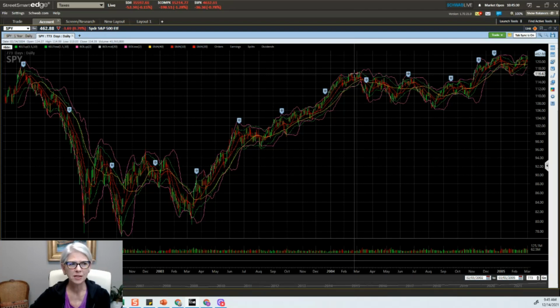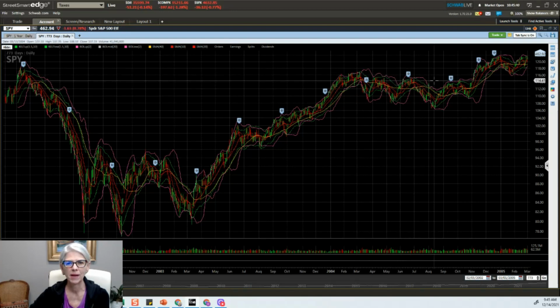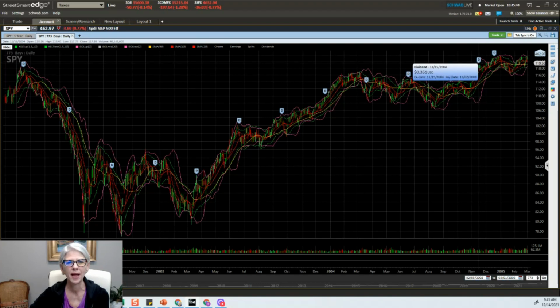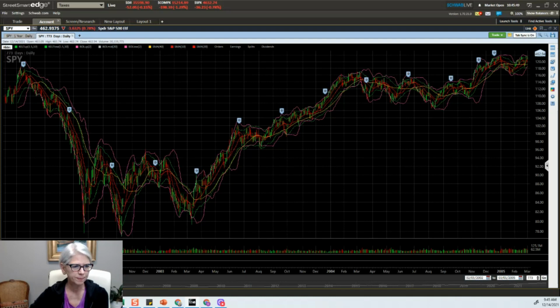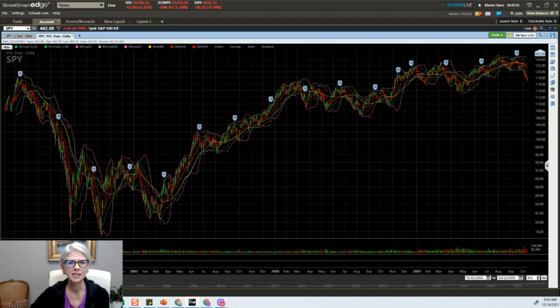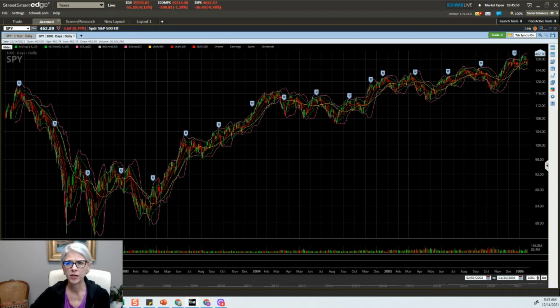And what happens a lot with the market is it gets back up to where it was before, and it can't quite break through that prior level. And you'll see that that's what happened here. Sure enough, it bounced around for a little while, and then finally it broke out in late 2004, okay?